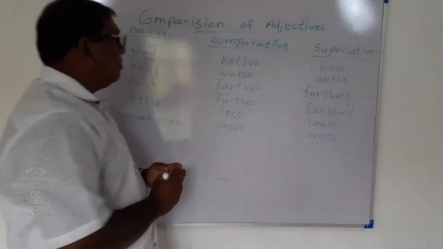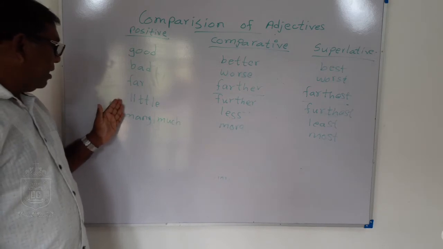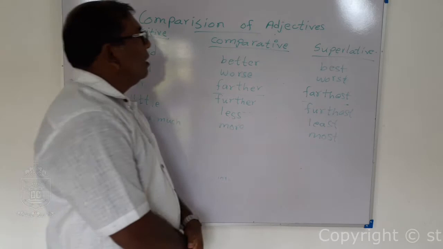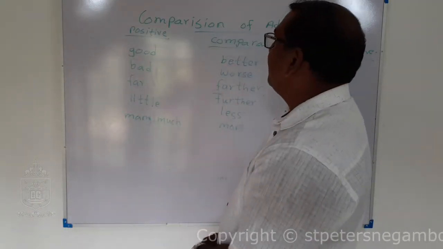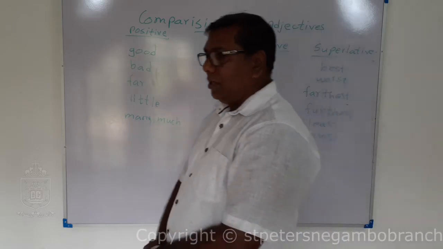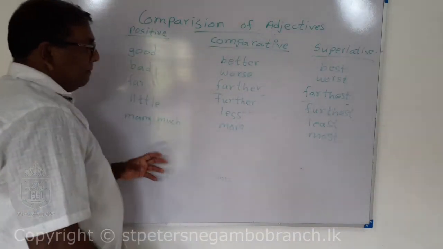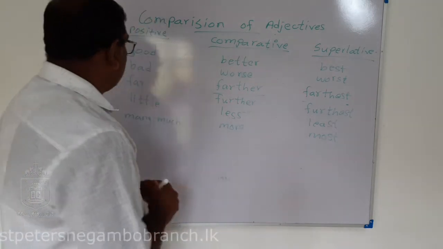So there are some more, but we have to remember mainly good, bad, far, little, many, much, how those become the comparative forms and the superlative forms of the comparison of adjectives. We have to remember well.